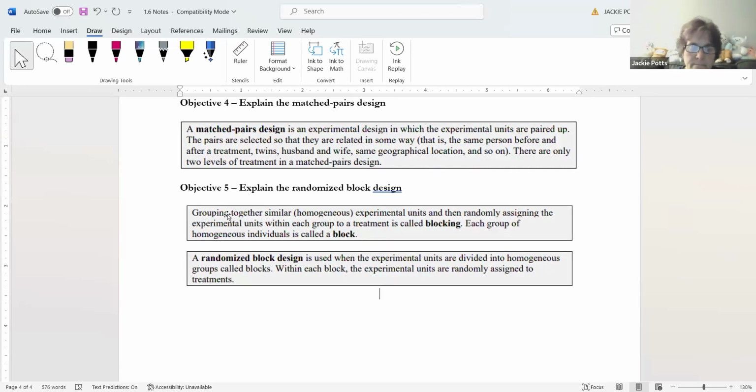All right. Now, blocking is when we take a group of people that share the same, or not just people, could be subjects. We take a group of subjects that share certain variables, certain factors.